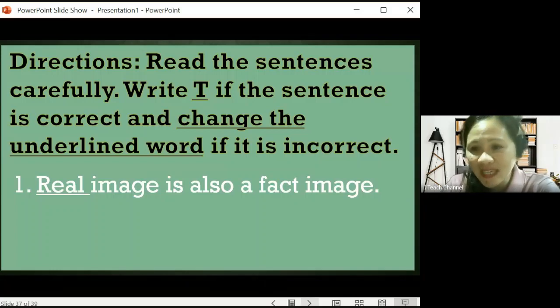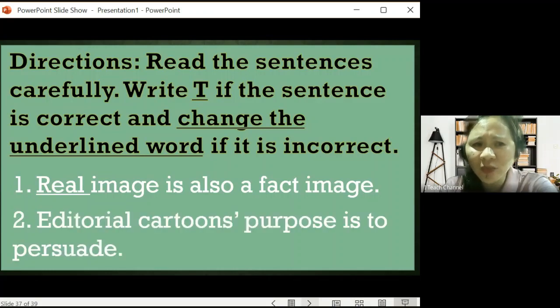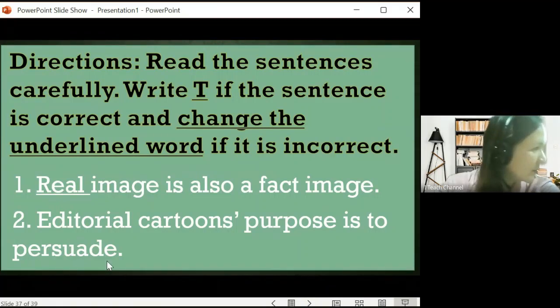You can write T or you change the word. You have to answer first in your notebook. Number 2. Editorial cartoon's purpose is to persuade. The underlined word here is persuade, okay?